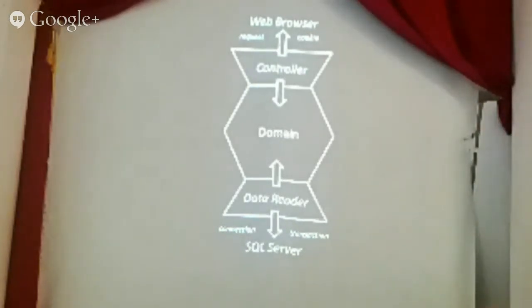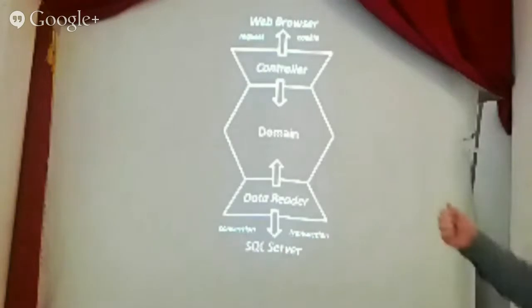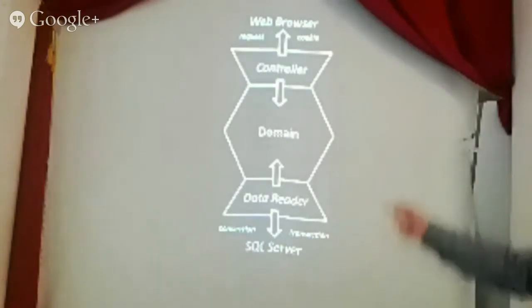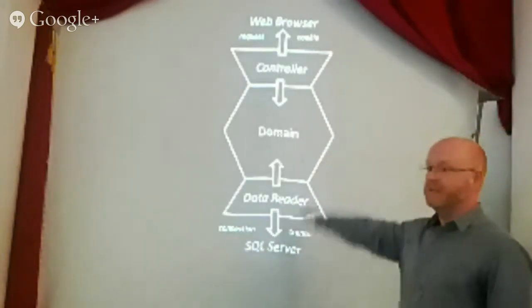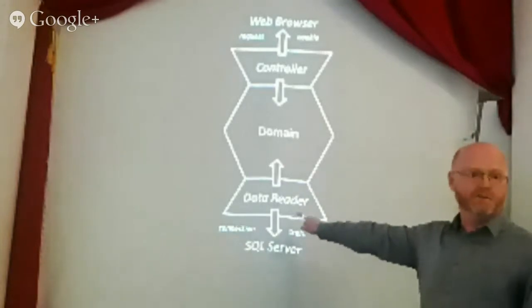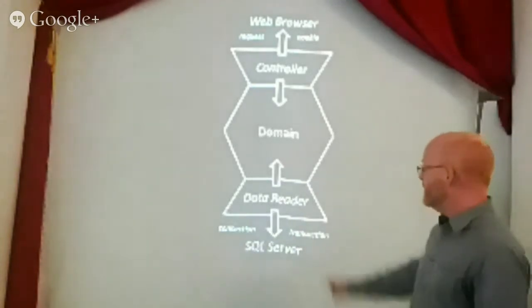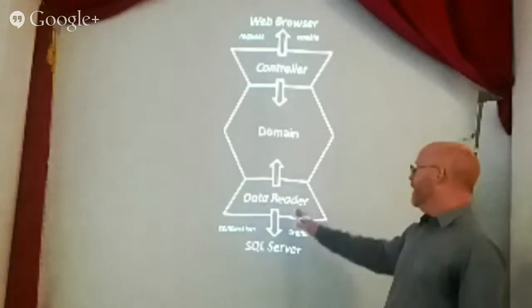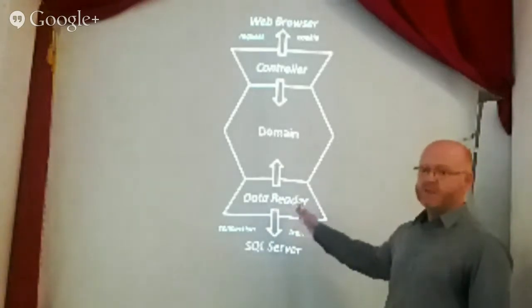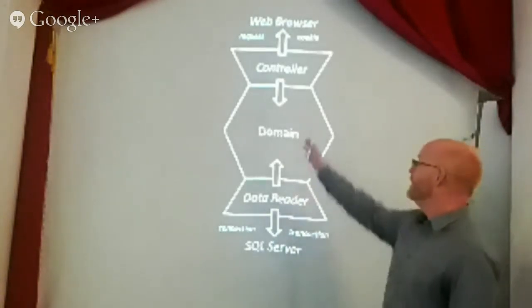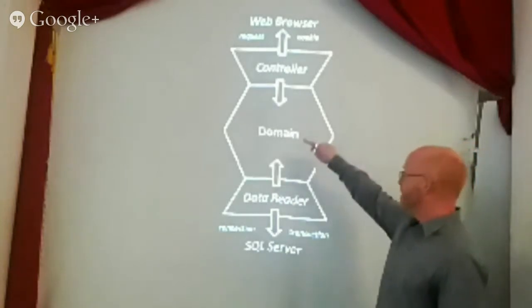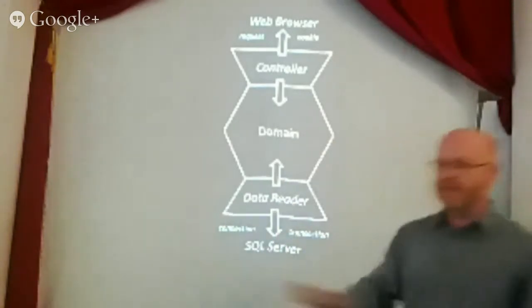How is any of that interesting stuff that was persisting going to get out of SQL Server if the domain doesn't know anything about the external dependency? Remember, these arrows are the dependency between the data reader, or the adapter, if you like, and the domain. And there's no arrow pointing the other way. The domain is completely isolated.